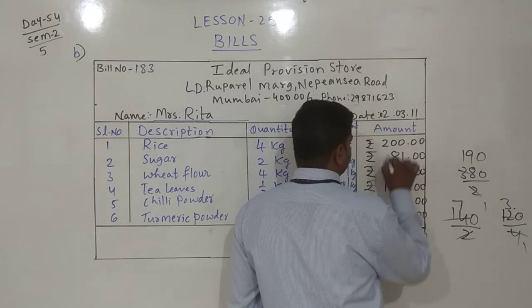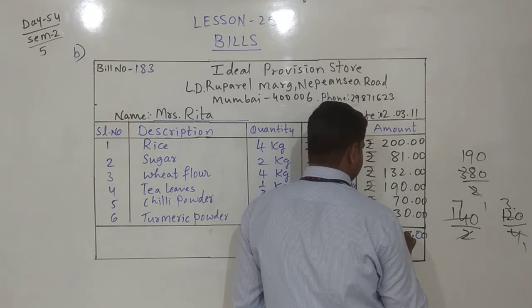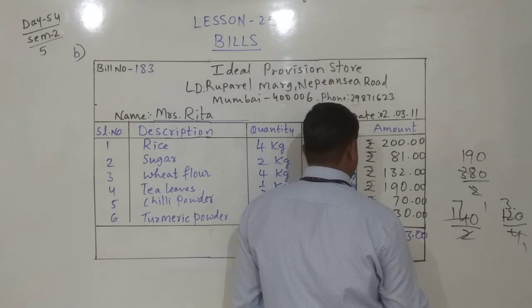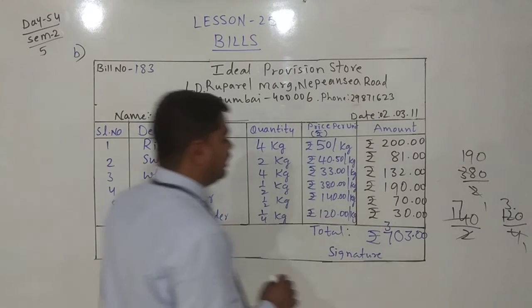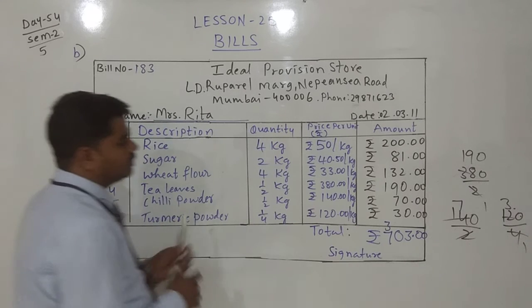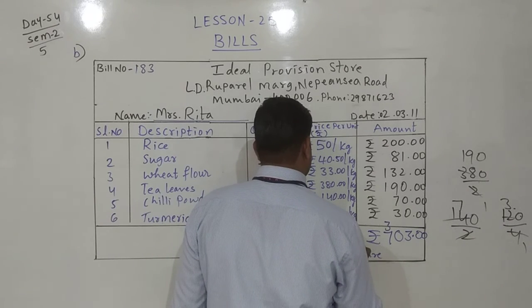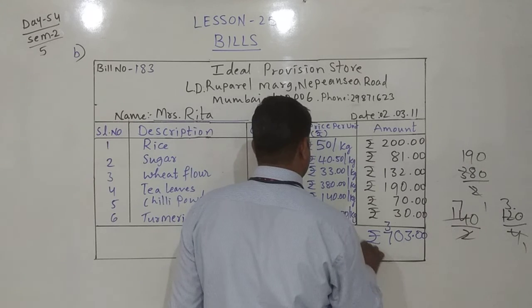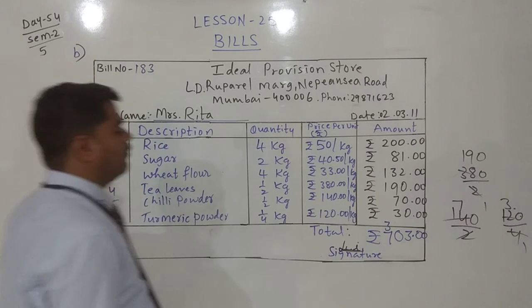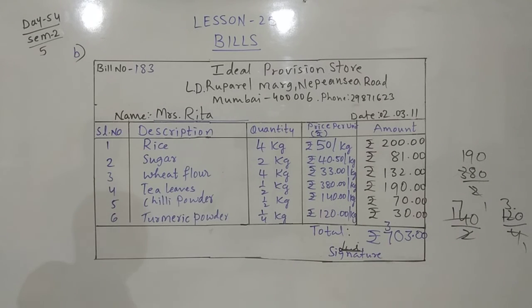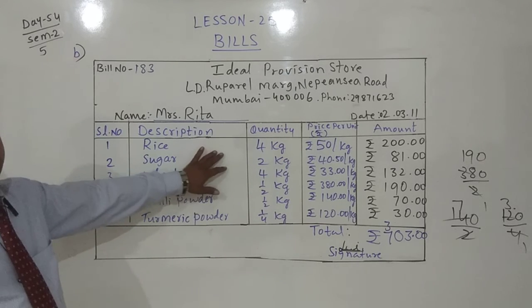Then here 2 2s are 4, 4 plus 3 is 7. 703.00 rupees Miss Rita has to pay. The signature of the shopkeeper, that authority. Yes, for whom it is given, provision store authority, designated authority. This is the bill you have to prepare.